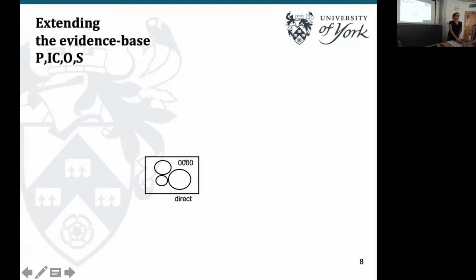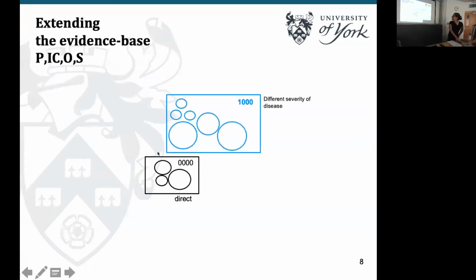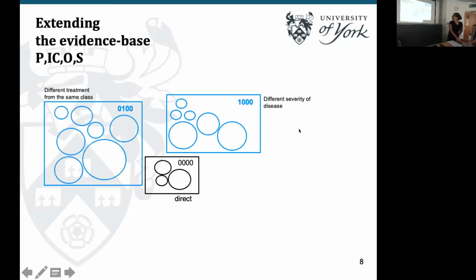So they're exactly on the population of interest. But you might have a set of studies that look at the same treatment, same outcome, and same study design, but on a different population, for example a different severity of disease. And you might think that evidence is relevant.